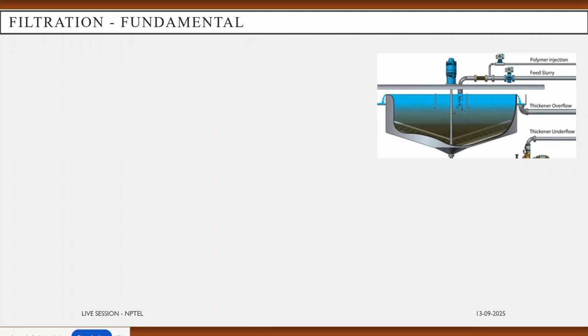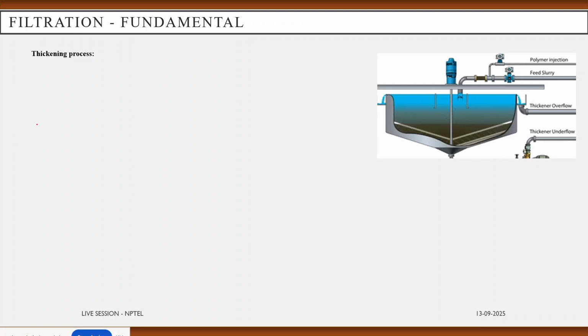Okay, so moving on to the process of filtration, we can see that there are two different types of filtration. And the process is thickening.